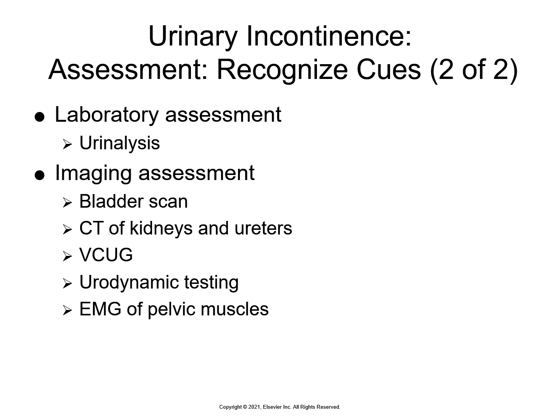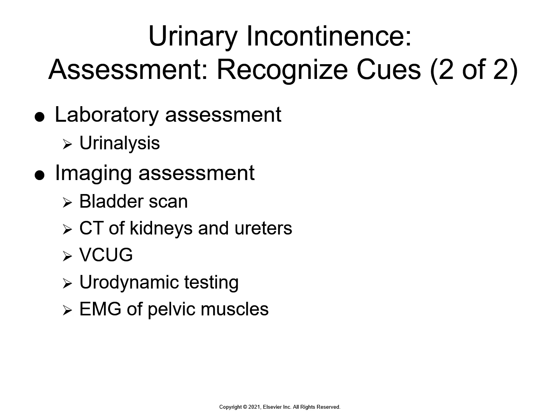And then sometimes they will do imaging, certainly a post-void residual urine that would be done by a bladder scanner. If they have to, they can catheterize the patient immediately after voiding to assess residual. CT is useful for looking for abnormalities, and there is the voiding cystourethrogram, which is what that VCUG is.